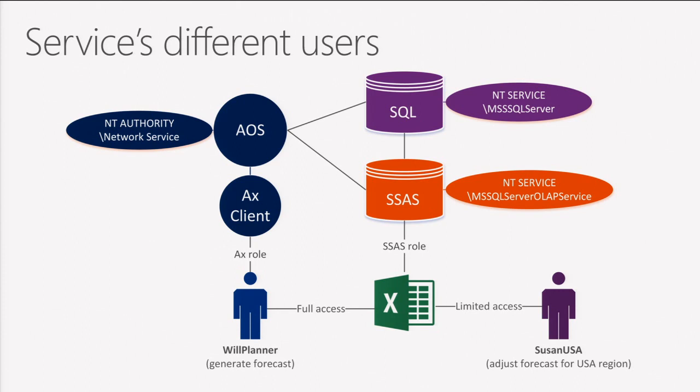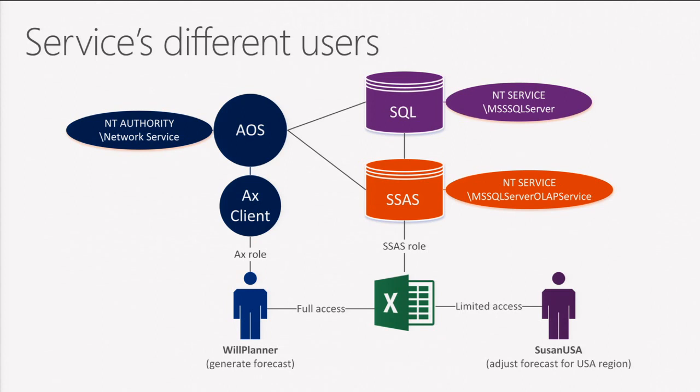Then this Will planner also needs the SSAS role. It is very important to know that the roles within AX and the roles within SSAS are totally different. So you need to set them up separately in order to grant access to the data that is stored in SSAS. In my setup, I also have Susan USA, and she is the sales manager responsible for adjusting the forecast, but only for the US region.